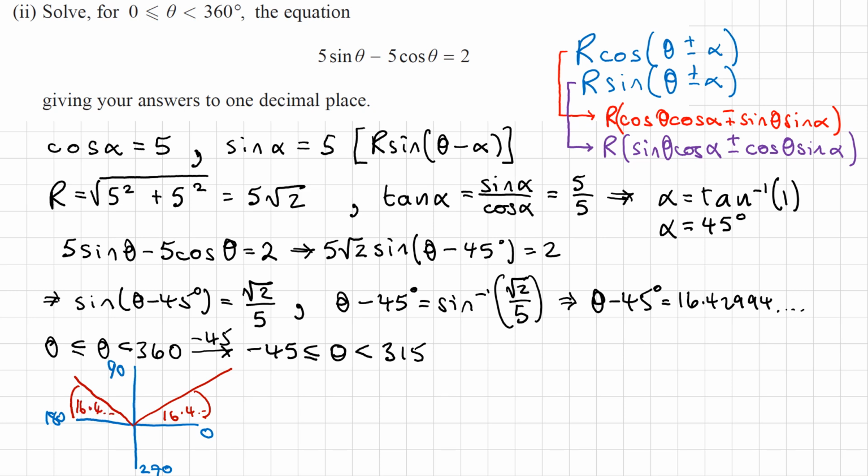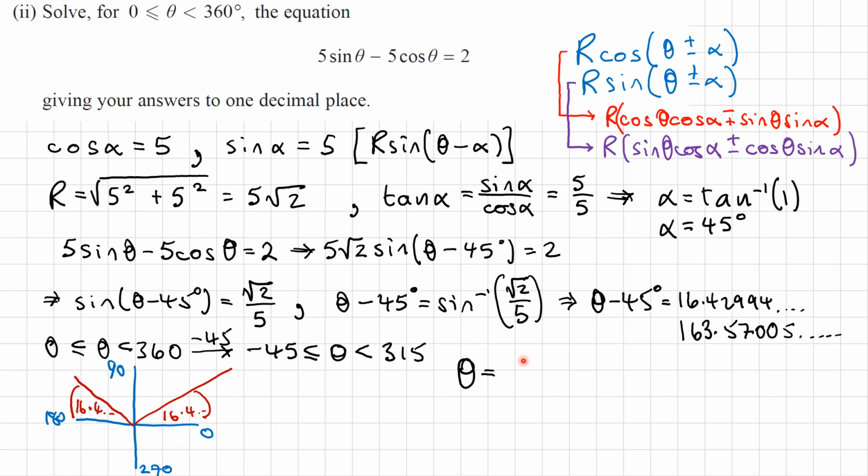So my other solution for theta minus 45 is going to be 180 minus this value here. And what that gives me is a value of 163.57005 and so on.